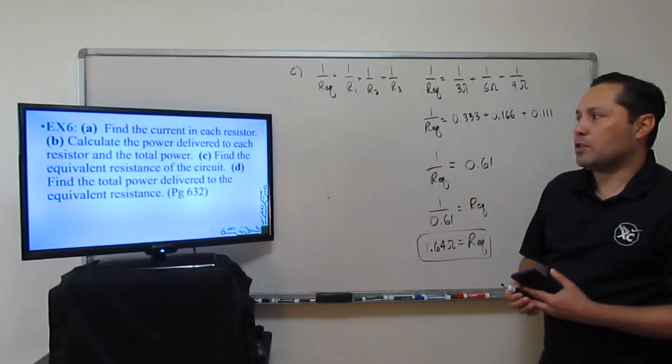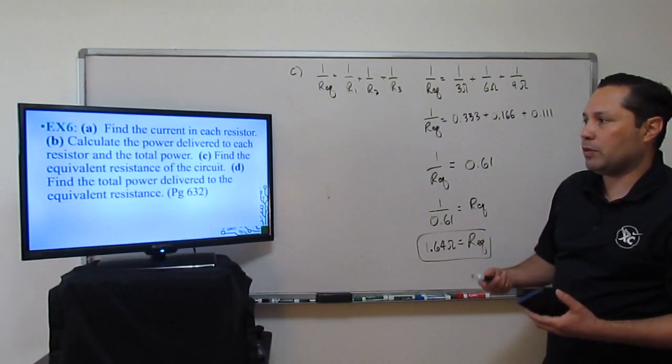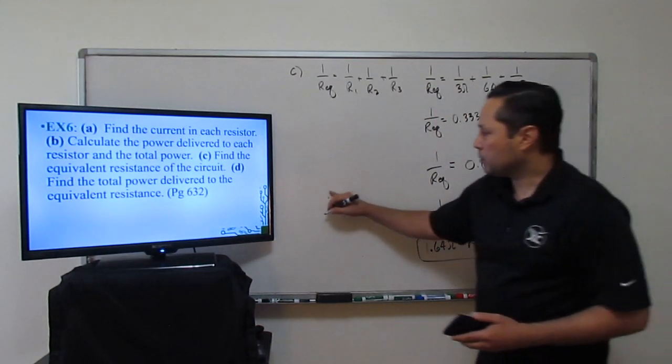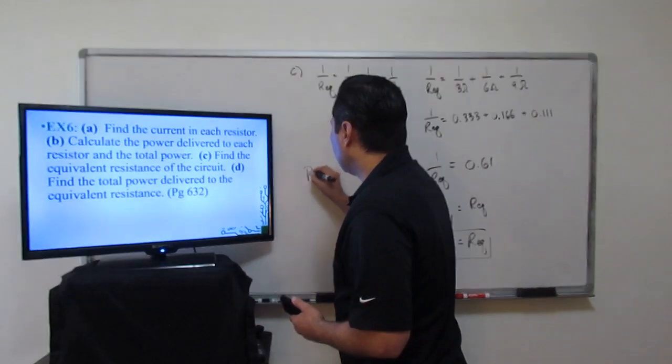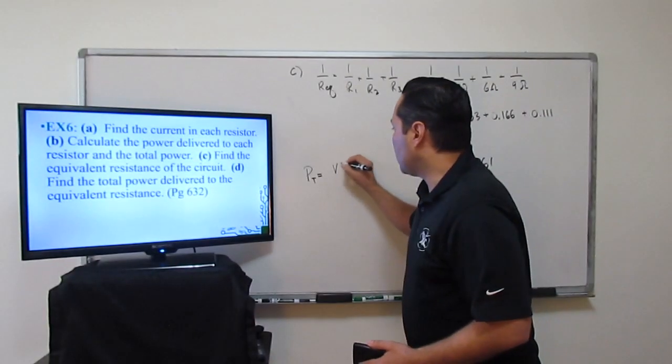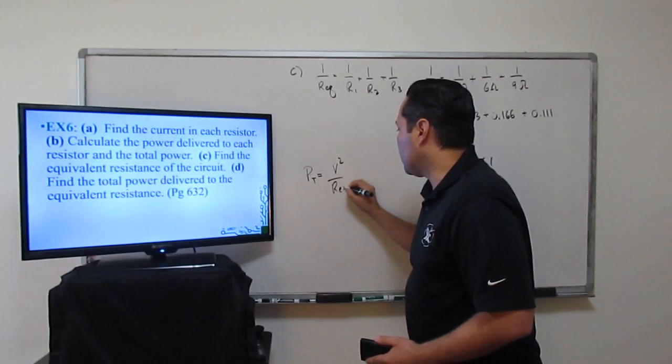Here it says find the total power delivered to the equivalent resistance. For that one, we can get the total power by getting the potential difference squared over the equivalent resistance.